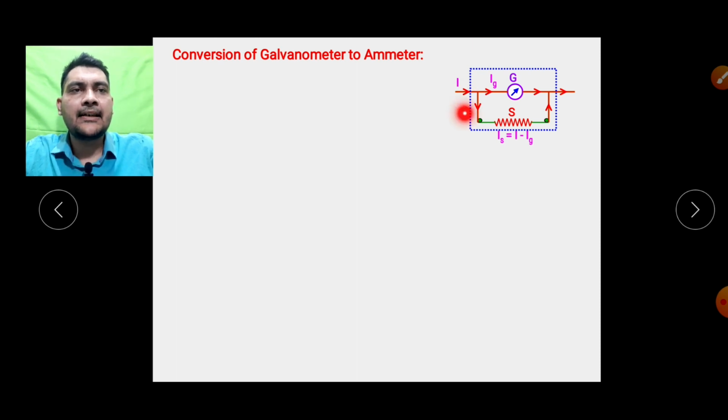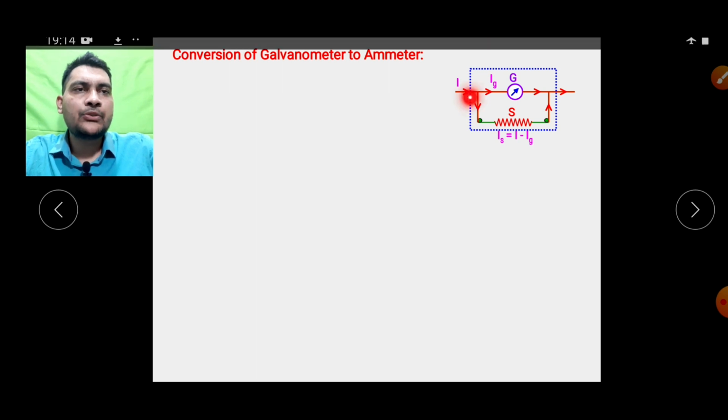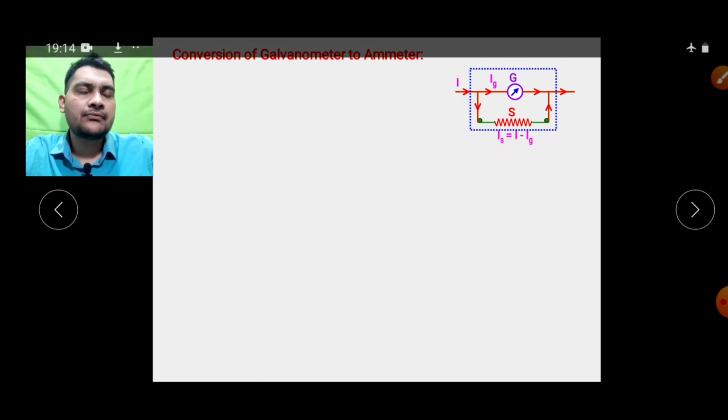You want to use it as a device to measure current, as an ammeter. So what to do? You simply connect a very small resistance, the shunt resistance, in parallel with the galvanometer. Now this arrangement is an ammeter.